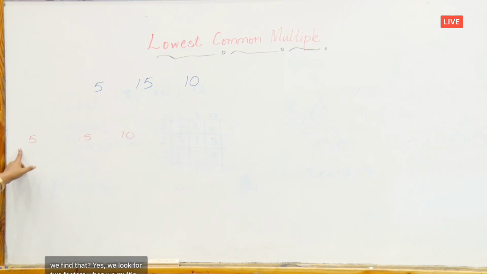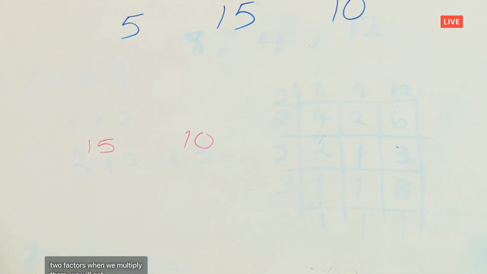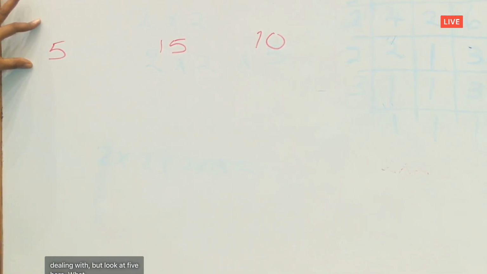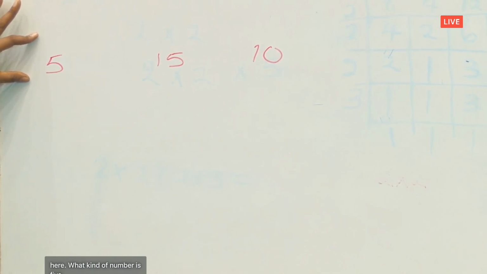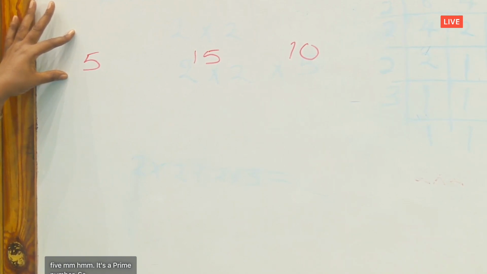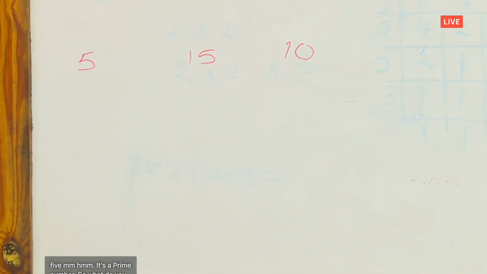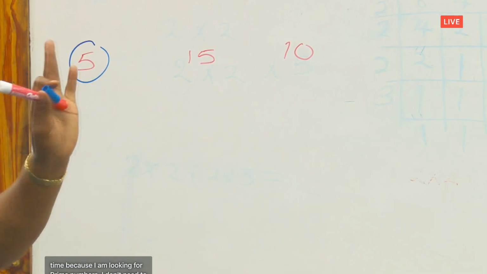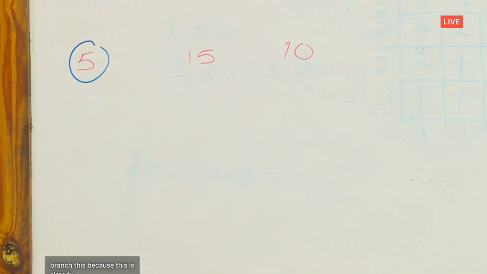How do we find that? Yes, we look for 2 factors. When we multiply them, we will get what we are dealing with. But look at 5 here. What kind of number is 5? It's a prime number. So what would you say? Yes, I will just circle it one time because I am looking for prime numbers.